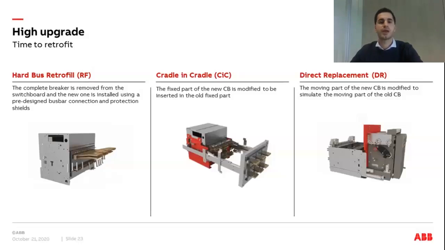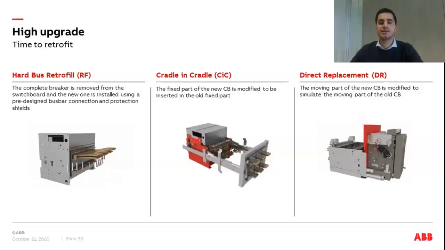The second product line is the cradle-in-cradle. It is an advanced retrofitting kit solution that is suitable for withdrawable devices. A withdrawable circuit breaker or switch disconnector is composed of a cradle, a fixed part, and a moving part.